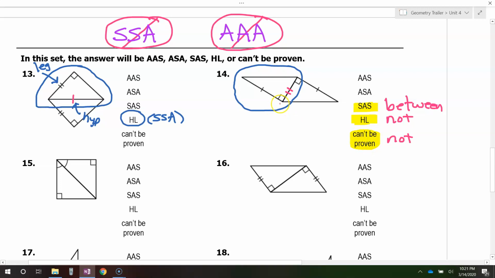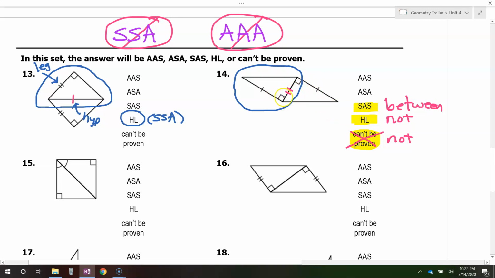Okay, this is a right triangle, so it's either going to be side, angle, side if it's between, or hypotenuse leg if it's not between. We don't have to worry about can't be proven.